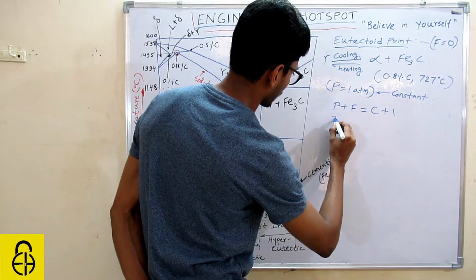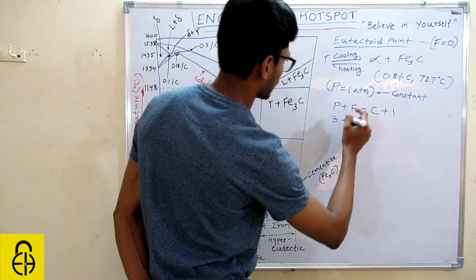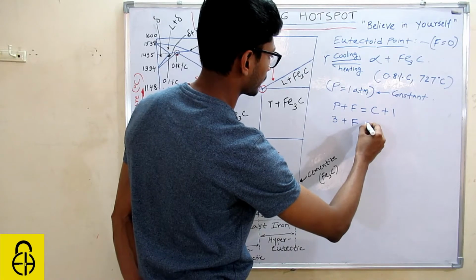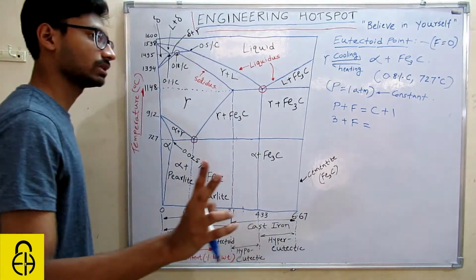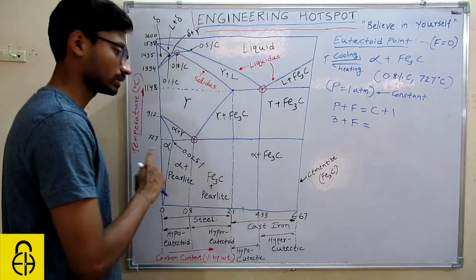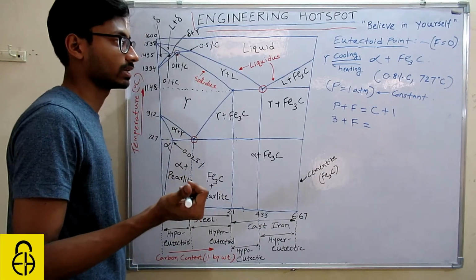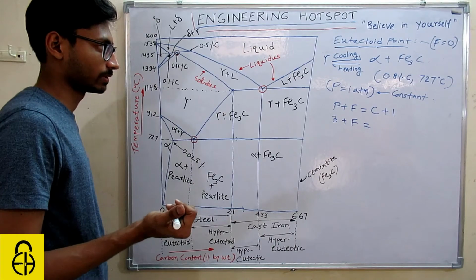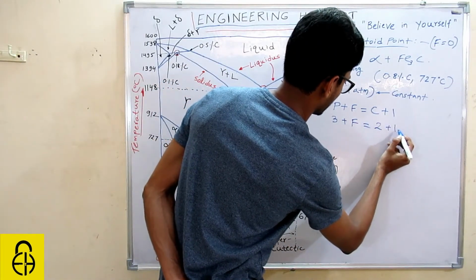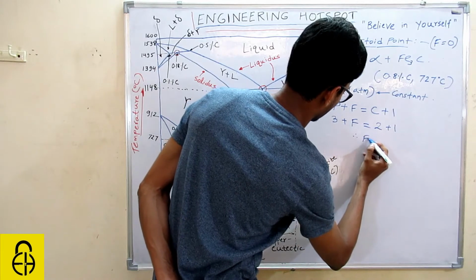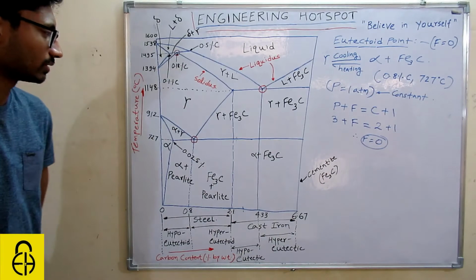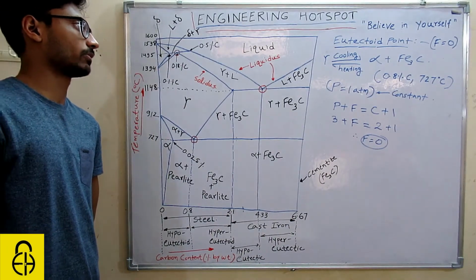Then C is the number of components. We have 2 components in this system, iron and carbon. So F is equals to 0. We have proved that F is 0 at the eutectoid point.